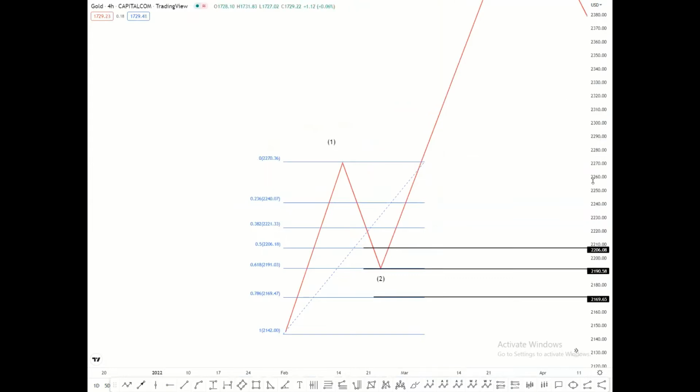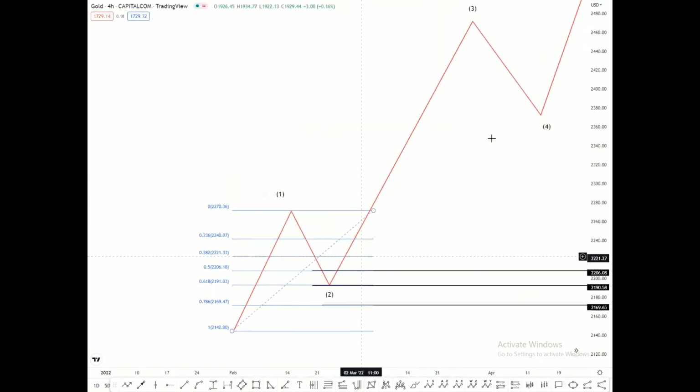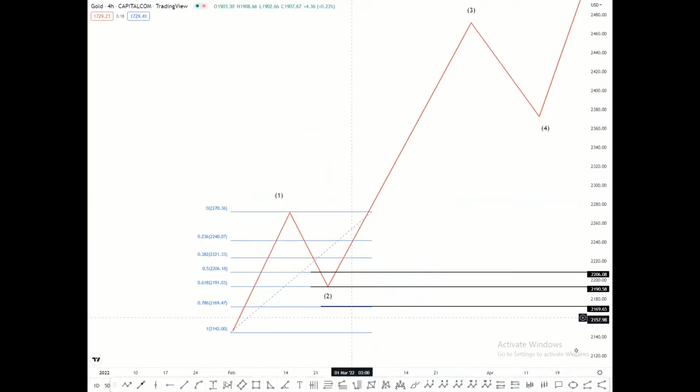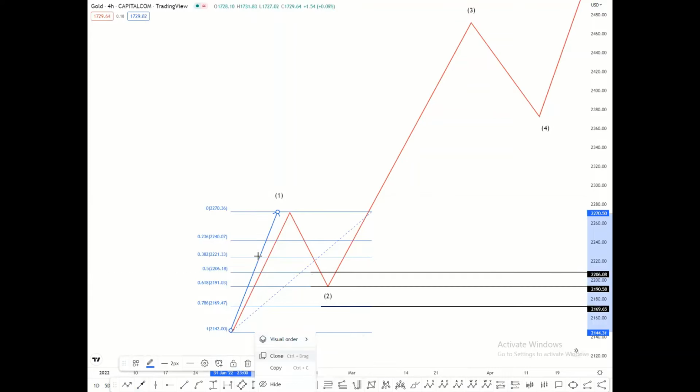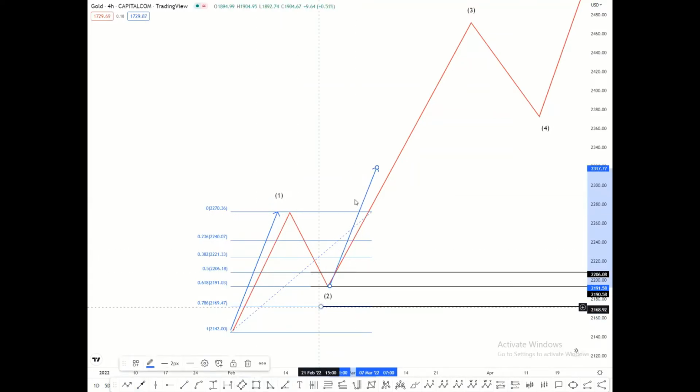And then when you have to write wave 3, you know that it is the longest wave, as you can see in the structure. It is the longest wave in the market, so it needs to be longer than each and every one. So we'll take wave 1's length and project it like this, so we can find its length.